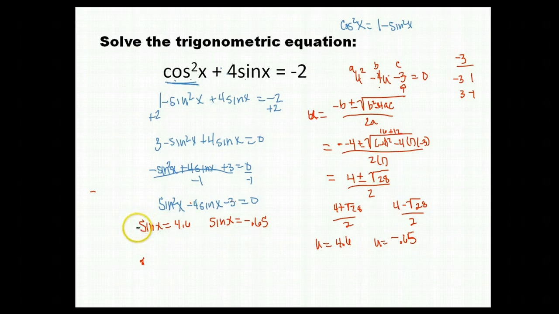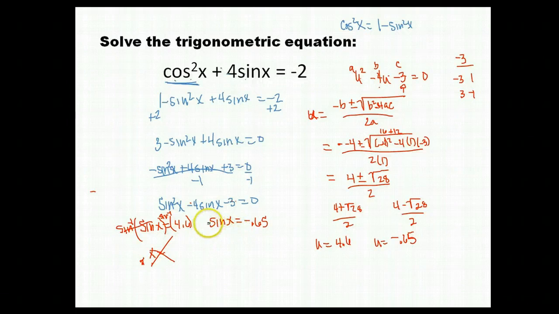We want to solve for x, so we have to use the inverse sine of both sides. Okay, that leaves me with x equals, and remember sine can't be greater than 1. Okay, and so this will give you an error. This will give us no answer here.